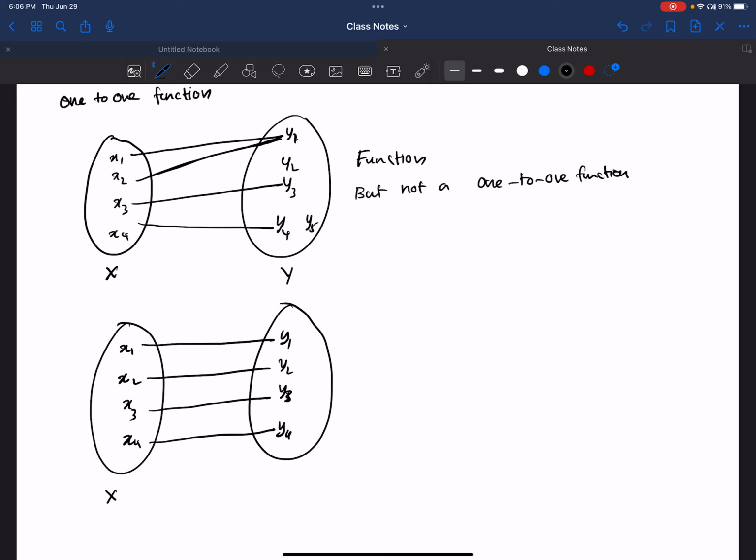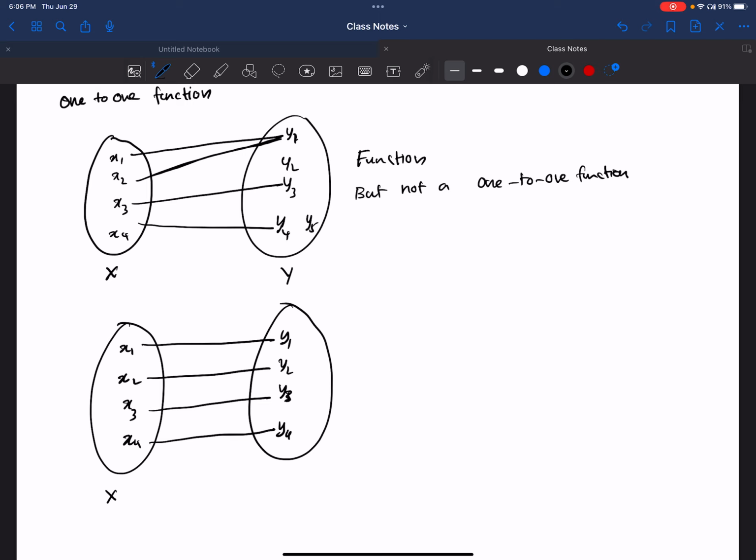So in this case, no two items of the domain map to a single element in the codomain. So that's the specialty. In a one-to-one function, each value of the domain corresponds to only one value of the range, and each value of the range corresponds to only one value of the domain. Only one value.